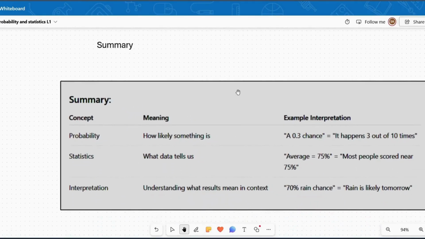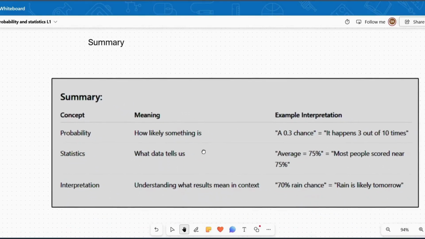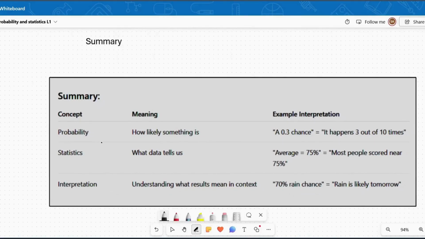Now let's talk about the summary. Probability, we already talked about that. It is how likely something is. For example, a 30% chance equals it happened 3 out of 10 times. This is probability because this is uncertain. Statistics, what data tell us?